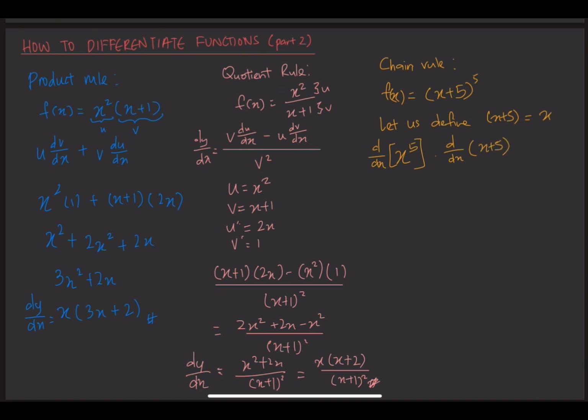To apply it to this situation, we differentiate the outer part, so we get 5u to the power of 4. No, let's maintain the x, right? So we differentiate the outer part, 5x to the power of 4.